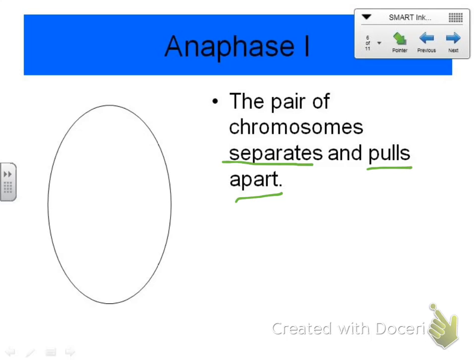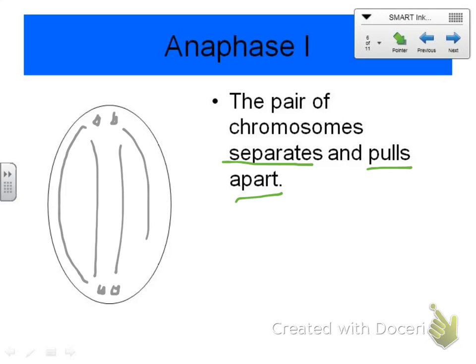Okay. All right. Now, as we go through and as we draw our pictures, we'll start with our pencil. We're going to go ahead and draw our centrioles and our spindle fibers. Now, our spindle fibers are going to start to break apart.